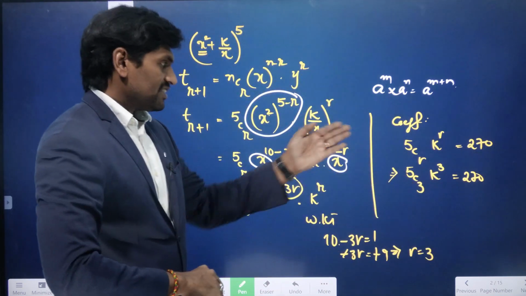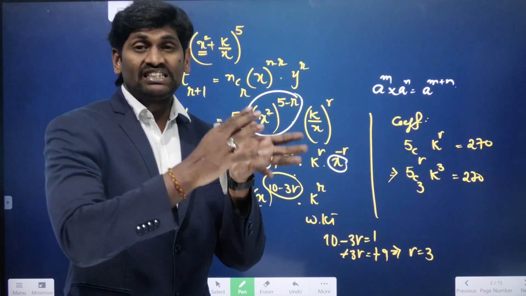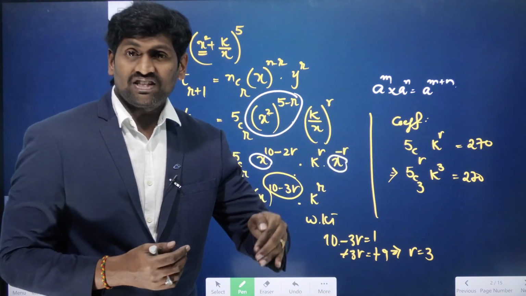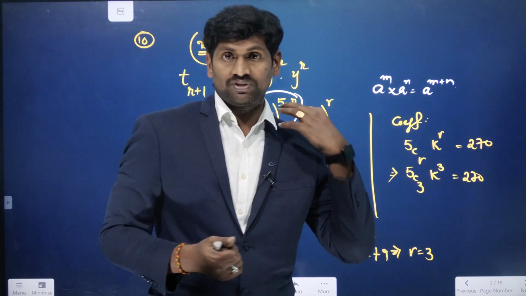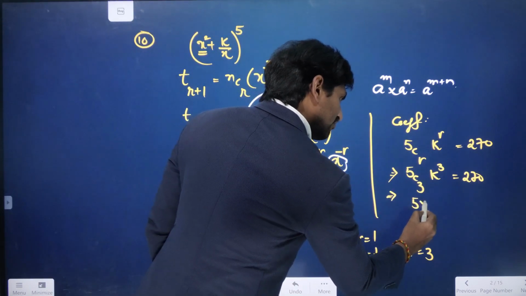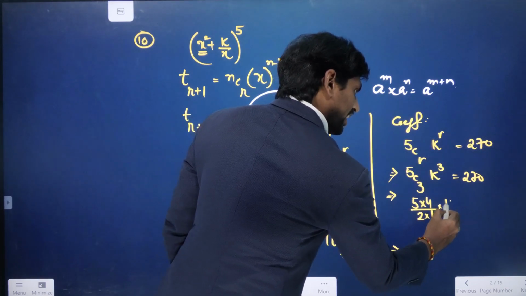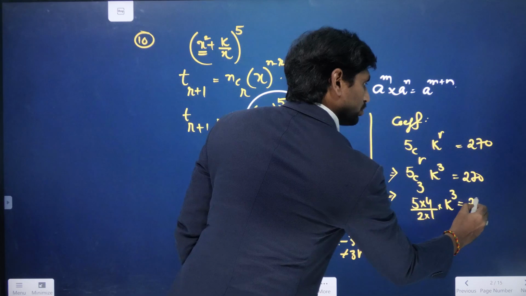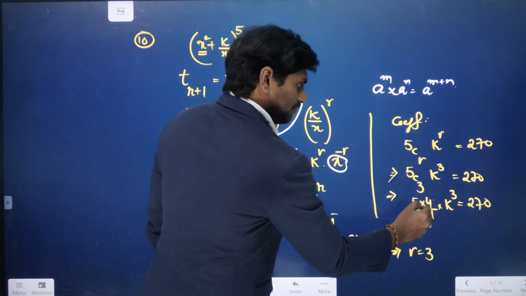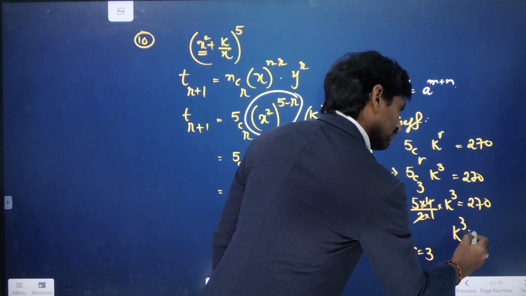Okay, now 5C3 and 5C2 both have the same value because nCr equals nC(n minus r). We have discussed this in our previous problems. So we can write this as 5C2. 5C2 is nothing but 5 into 4 by 2 into 1, into k cube equals 270. So 2 fours are 8, 2 fives are 10. 10 transposes to that side, it is going to be divided.